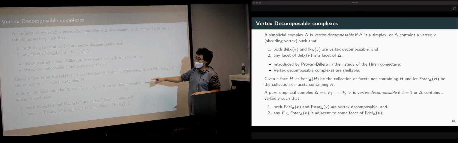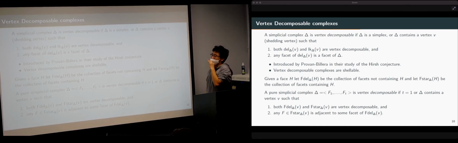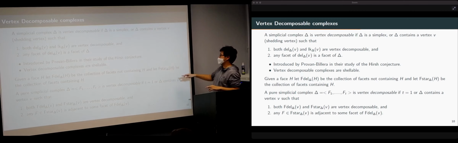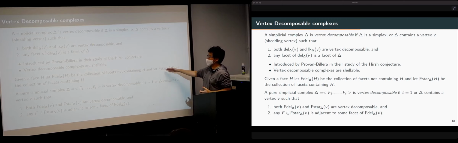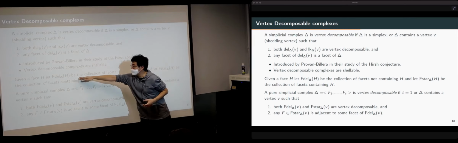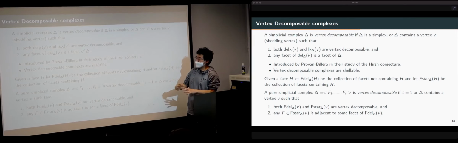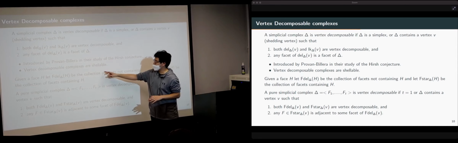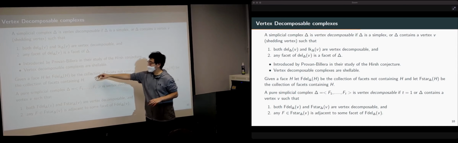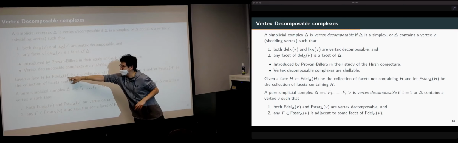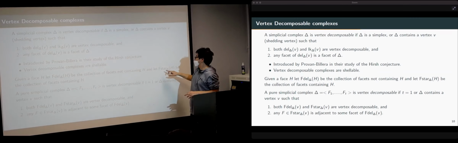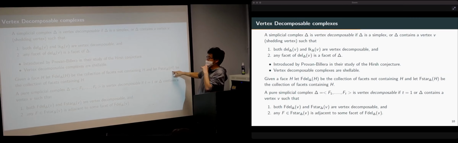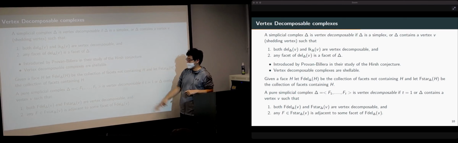That is, you're taking the facets that do not contain h, and the facet star is the set of facets that do contain h. So what's happening here is that given a collection of equicardinal sets, you're partitioning it into two pieces based on whether it contains h or not. So you're basically partitioning the set of facets.